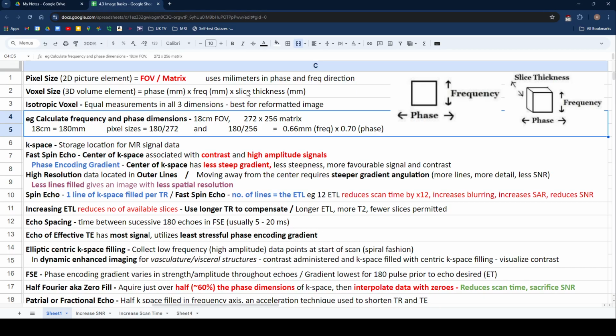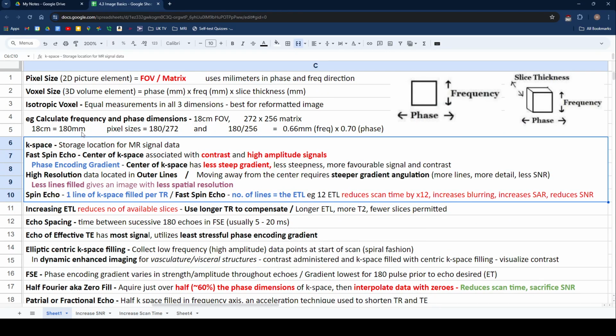Field of view is 180 for both. And so you plug in the matrices, 272 and 256, to give you 0.66 and 0.7 millimeters. If you remember in the beginning, the smaller one is going to be your phase. So 256 is going to give you the phase number, even though it's bigger here.